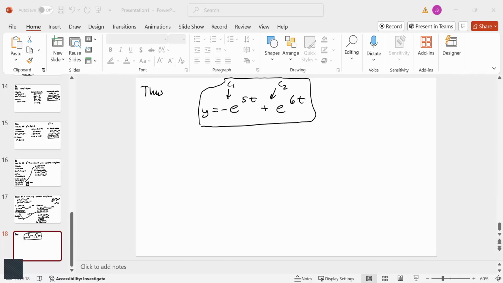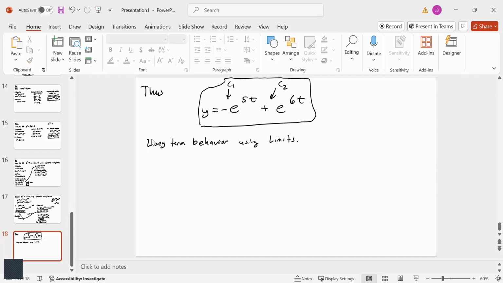Now, one last thing I want to talk about is long-term behavior. This is going to be way more important in sections 3.7 and 3.8 using limits. There might be a homework question where they ask you, what is this function doing as t goes to infinity?